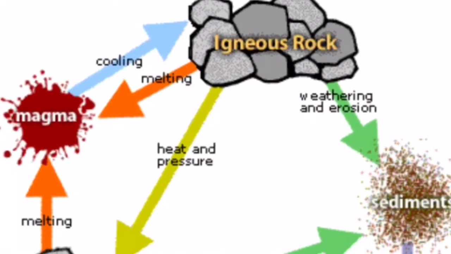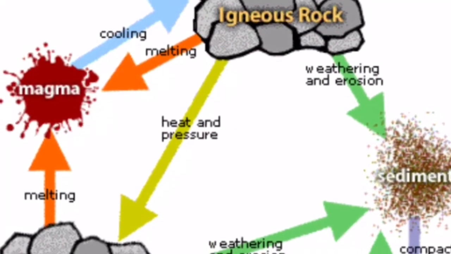We saw that one of the main driving mechanisms is the rock cycle, which is also being driven by plate tectonics. We saw that the different rocks have different uses, and the three main rock types that we have in the rock cycle are produced as a result of different geologic processes.